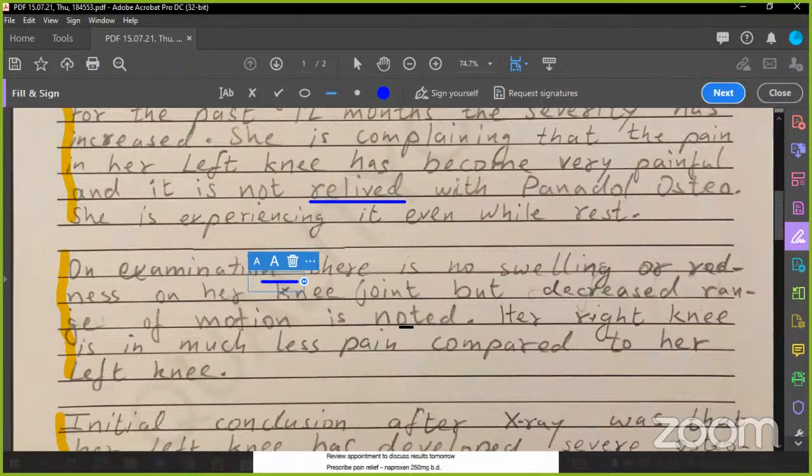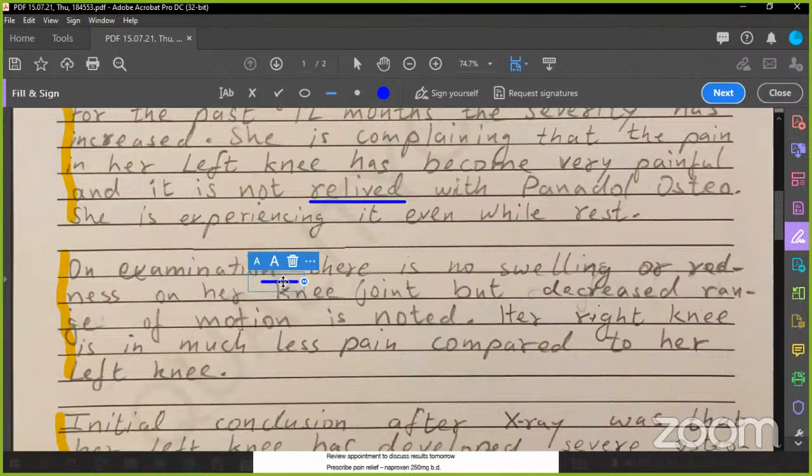On examination means when you did the examination, so it is past, not present. It was at least one hour before you examined, not now. This is letter writing. On examination, at that particular time, it's a finished action, so you can write better in past tense, and in passive voice. So decreased range of motion was noticed.